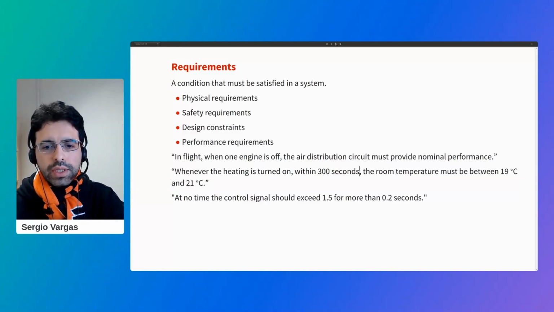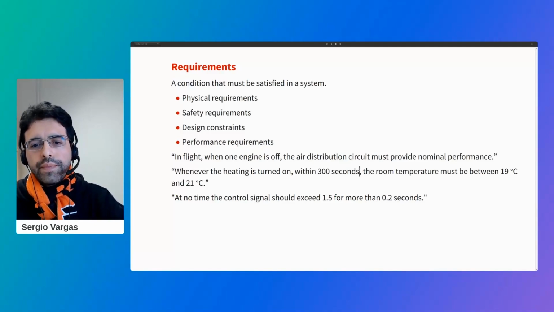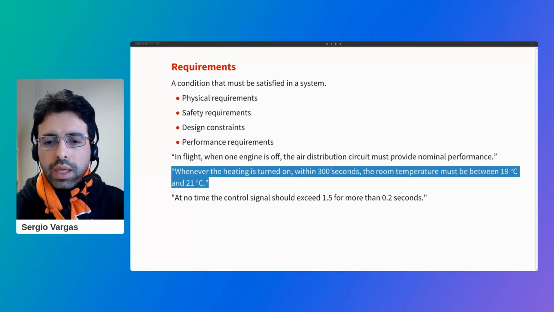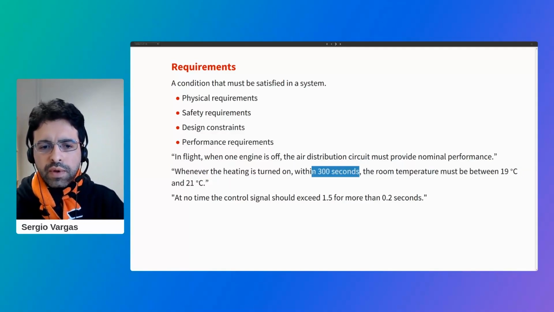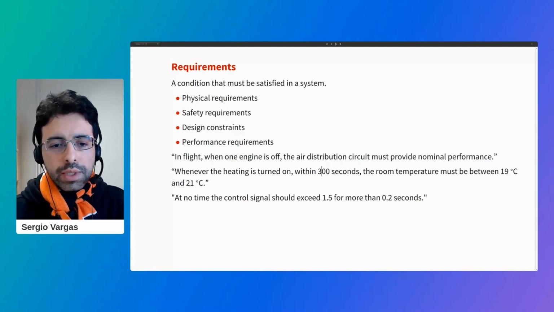So as you can see, there is another complexity here, that there is a specified time delay. Because maybe your system has a specific inertia, or maybe there's a certain uncertainty about how quickly your system reacts to events. So maybe you want to specify that explicitly in your requirements.